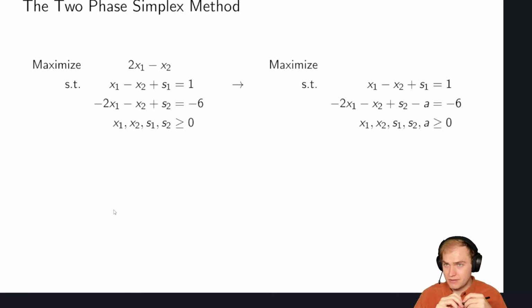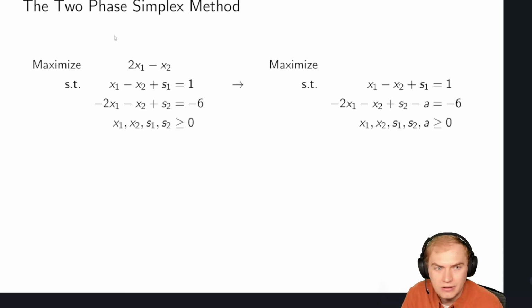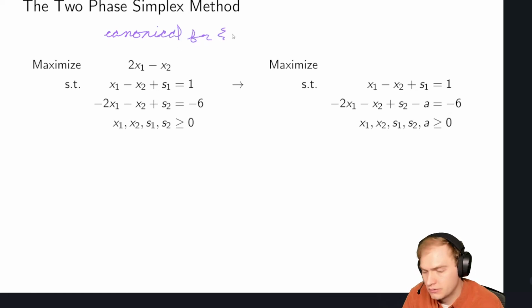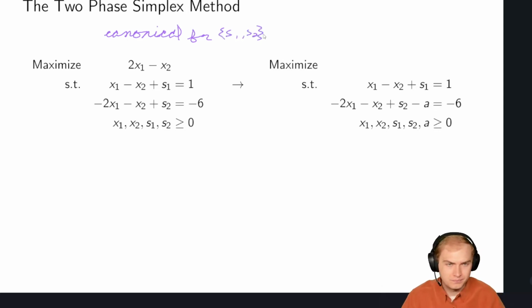So let's get into the two-phase simplex method. We're going to start exactly the same. We have the standard equality form, canonical, for S1, S2. We're going to introduce an auxiliary variable, and we're going to completely change the objective function.